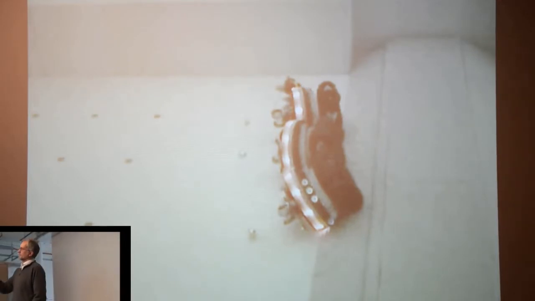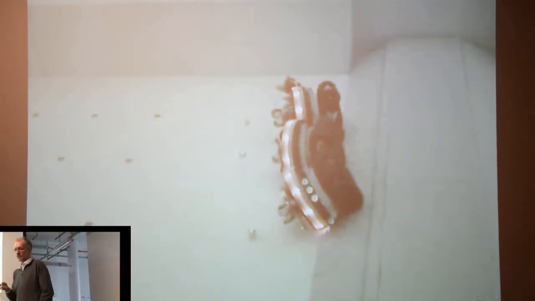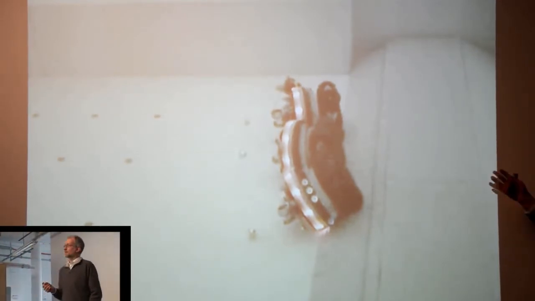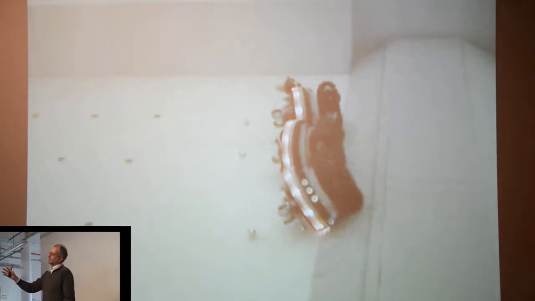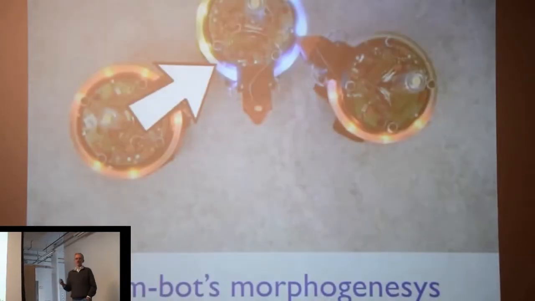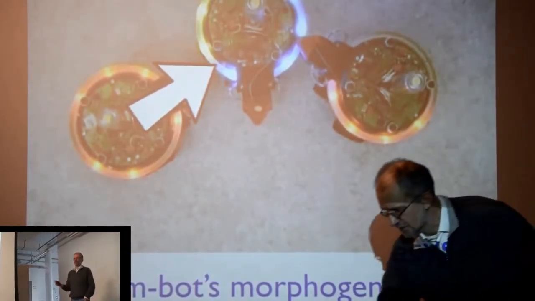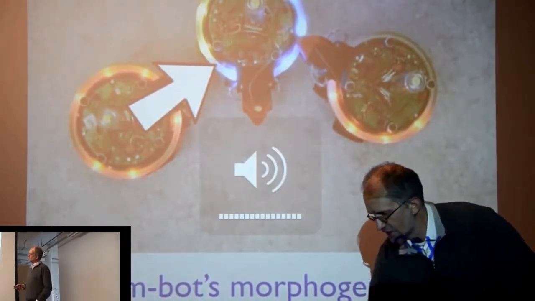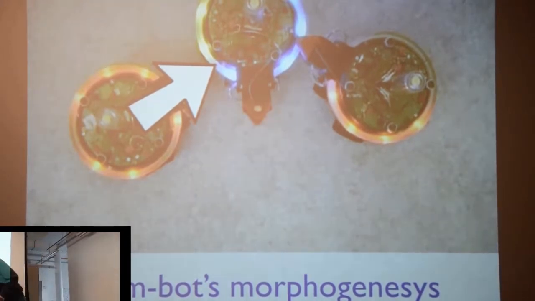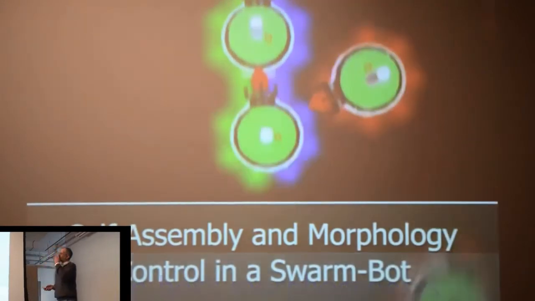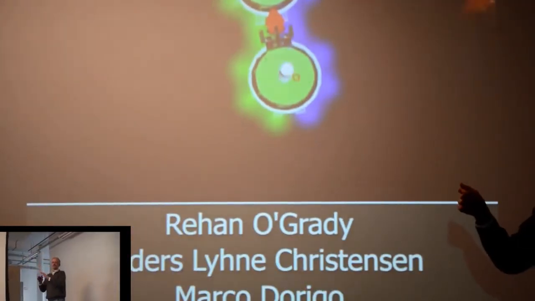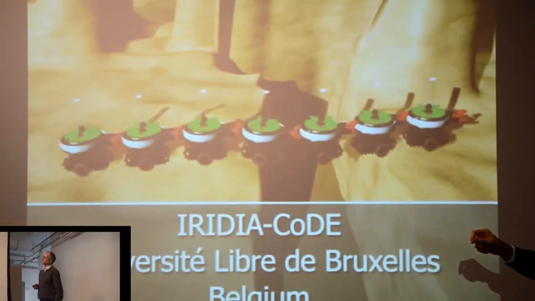So there are situations in which it works and situations in which it doesn't. But this type of problem prompted us to study morphology formation and how to control the morphology of a robot, which is what you see in this short movie, which also shows you how bad the vision is, so how much stochasticity is in the system.